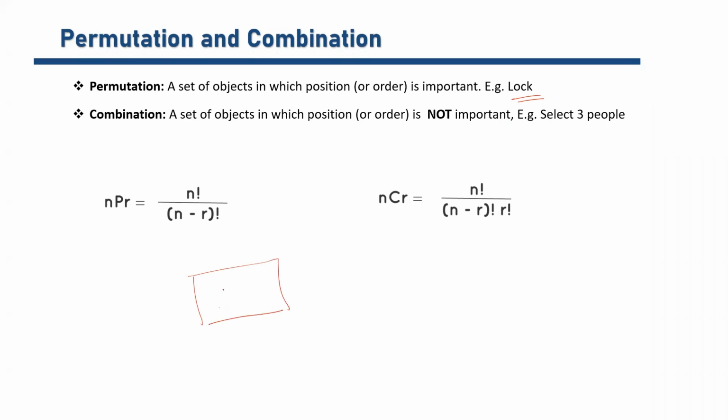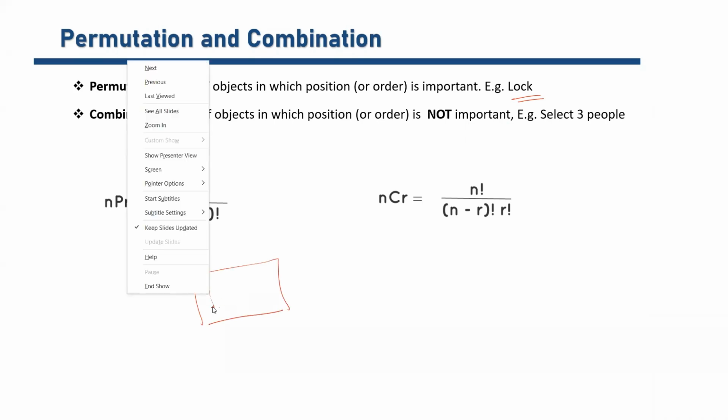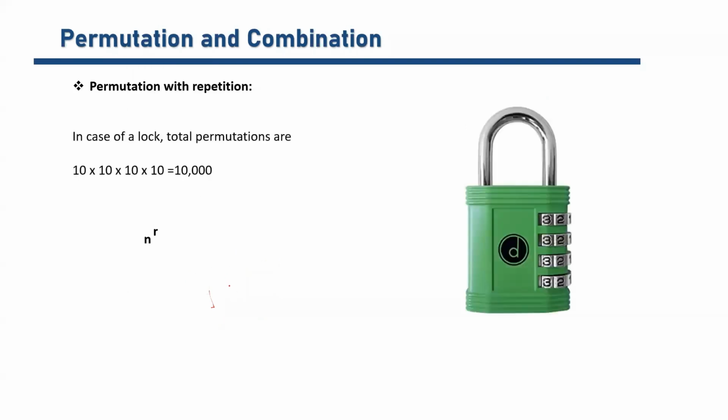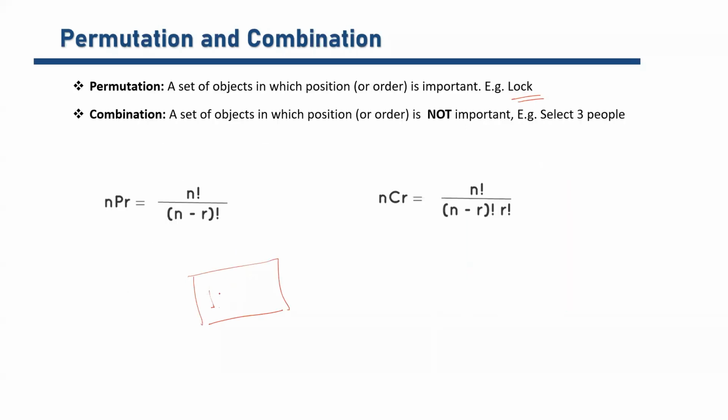In a suitcase, you might have a lock, right? So you have 1 or 2 or 3 or 4. And now you can change this based on the roller. So the order is very much important because 1, 2, 3, 4 and 2, 1, 3, 4 are very different, right? So in that case, permutation is the one which you should apply.